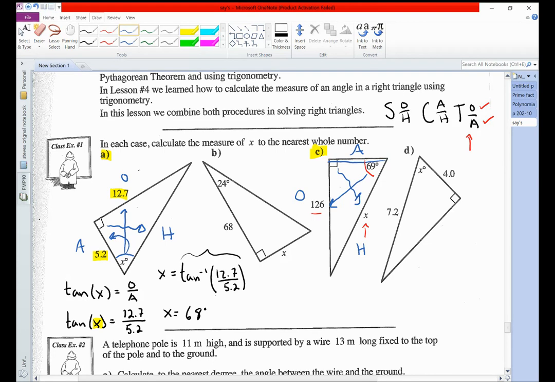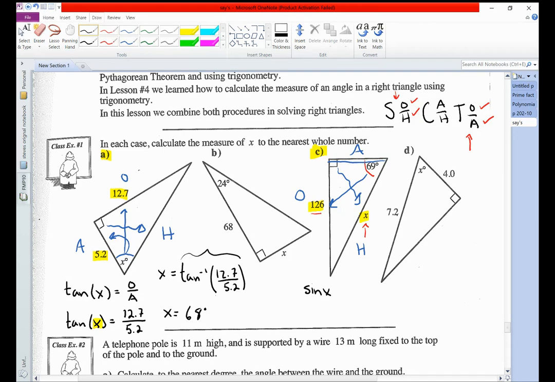Next step is to figure out which trig ratio we are going to use. We have the opposite side and we're looking for the hypotenuse. So we have opposite and hypotenuse. It looks like our sine ratio is going to be correct. So let's write that in here.